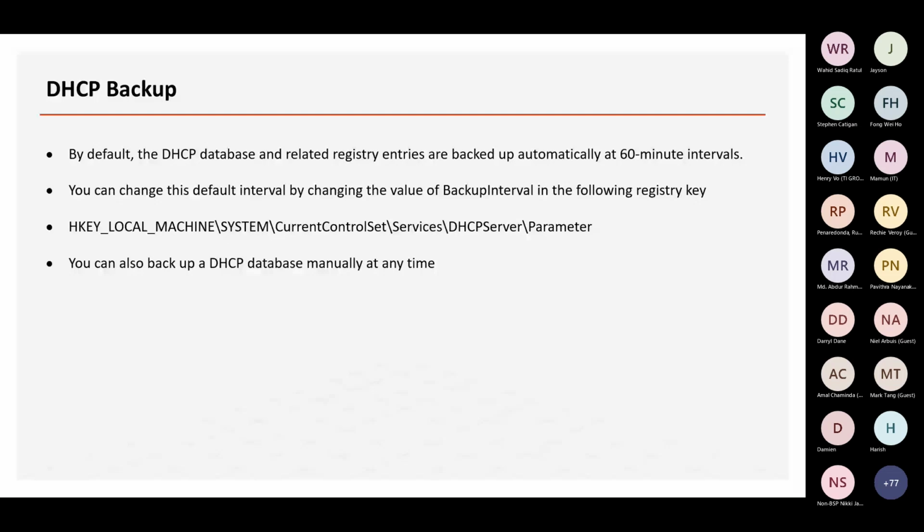Now in case you are doing any kind of migration or movement manually, if you are looking for a backup, you can take the DHCP folder manually. We are looking at this now: how to take a backup.